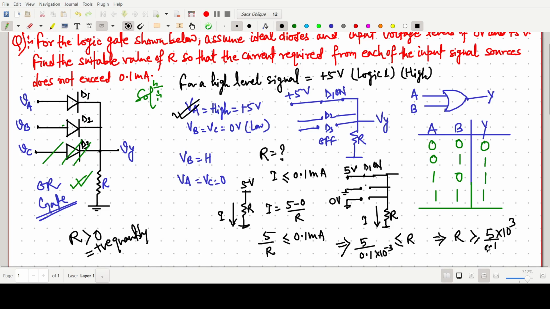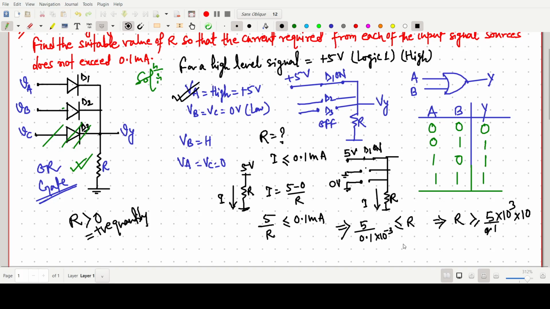If we remove this decimal, we multiply by 10, so simply the R value should be greater than or equal to 50, and this corresponds to 10 to the power 3, kilo. So R will be greater than or equal to 50 kilo ohm.